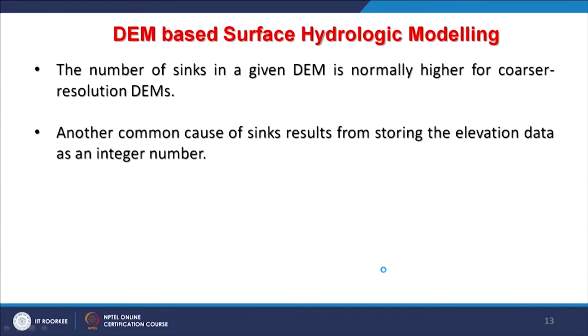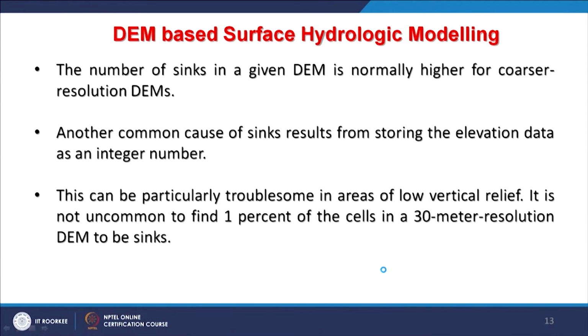Another common cause of sinks in a digital elevation model results from storing the elevation data as an integer number, not as a real number, and this can be more troublesome in areas of low vertical relief. That means areas which do not have much undulation, where you may have problems.